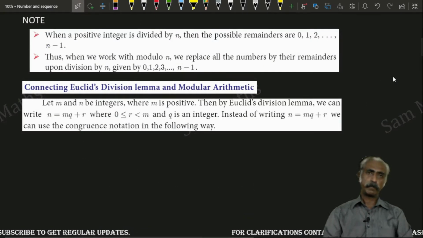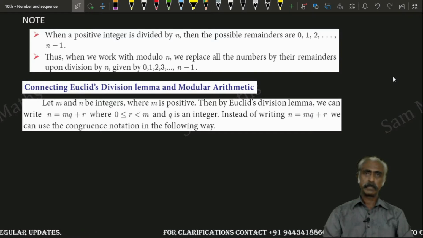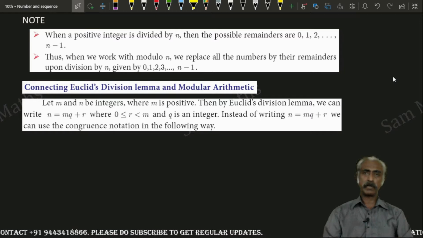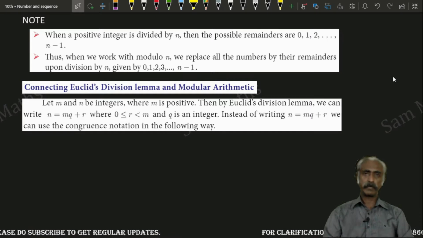Note: when a positive integer is divided by n, then the possible remainders are 0, 1, 2, up to n minus 1. Thus, when we work with modulo n, we replace all the numbers by their remainders upon division by n, given by 0 to n minus 1.